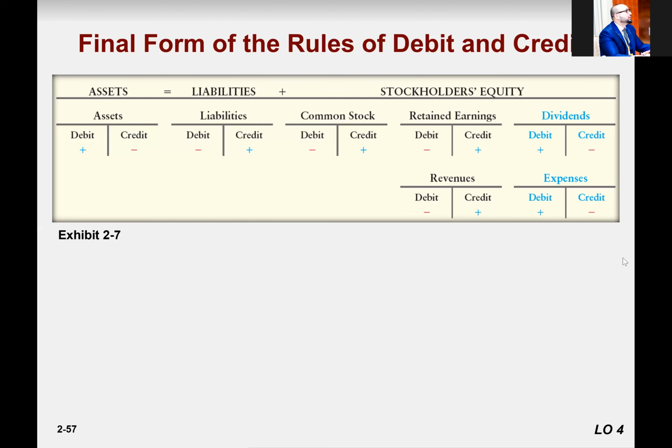Assets is equal to liabilities plus owner's equity. In our previous lecture, if assets increase, this is debit. If assets decrease, we call this credit.